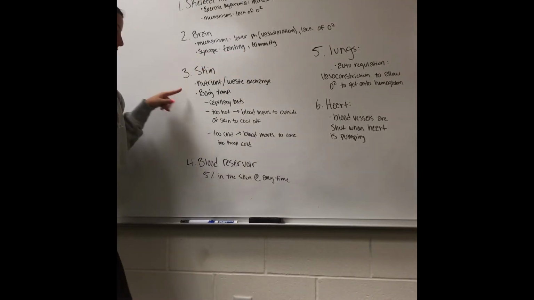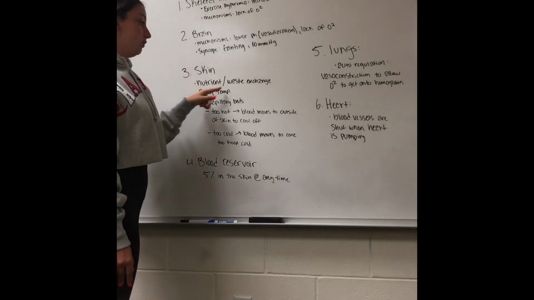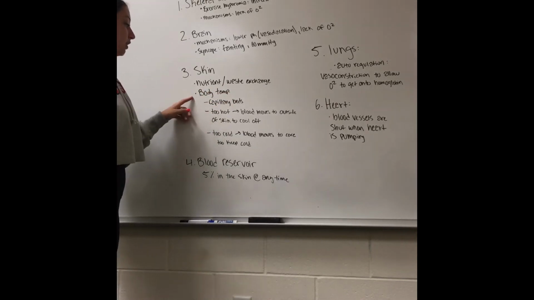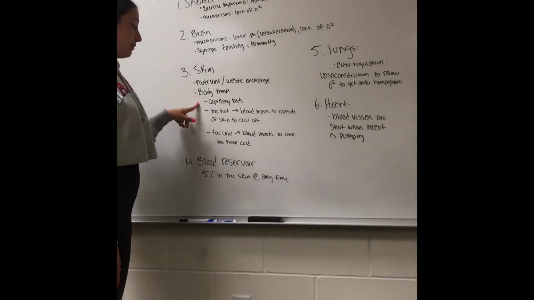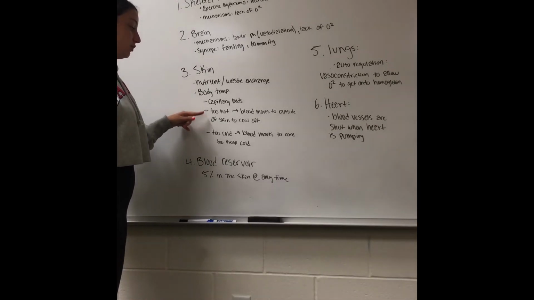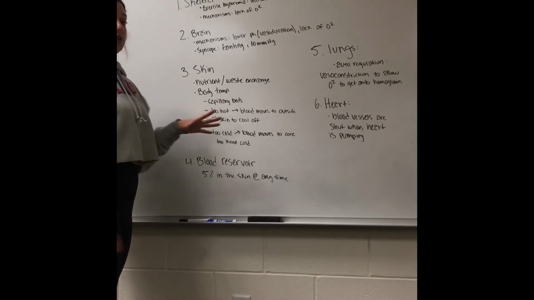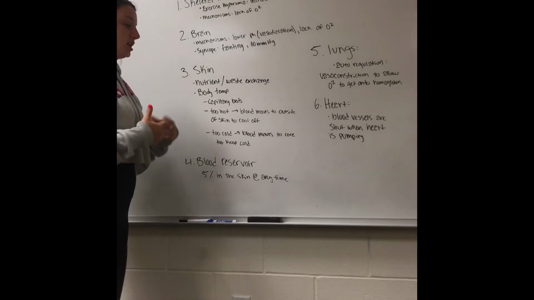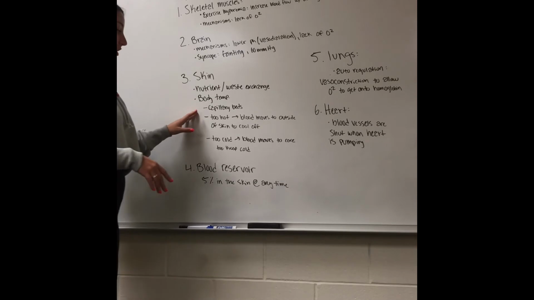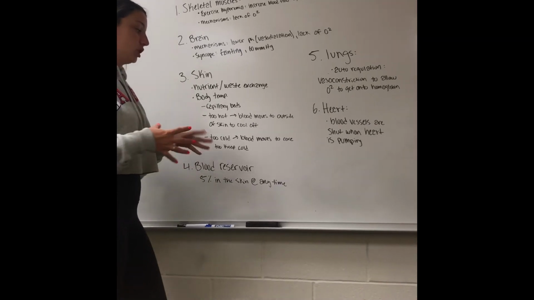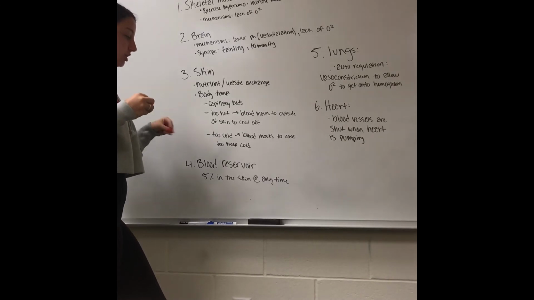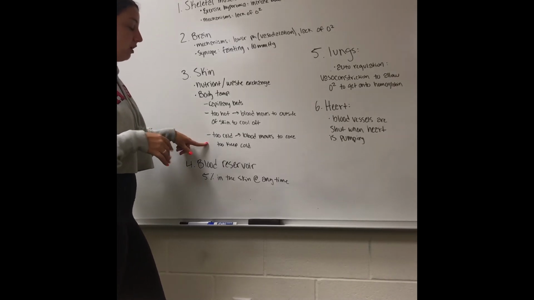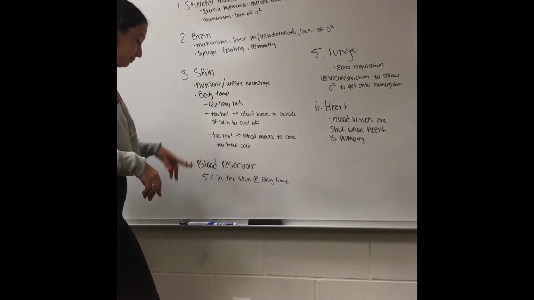Then your skin, this is where nutrients and waste exchange happens. Your body temp tells you a lot about what's going on. Your capillary beds, if you're too hot, are going to open to the outside of your skin and it's going to cool you off more. If you're too cold, your capillary beds are going to tighten up and go almost inside of you and restrict back to keep the core of your body warm.